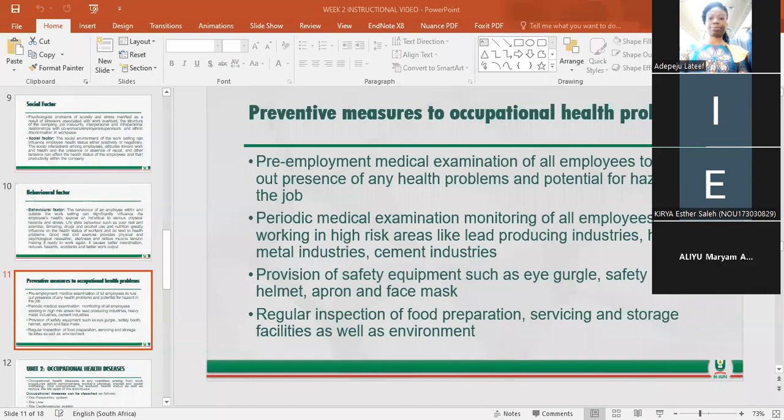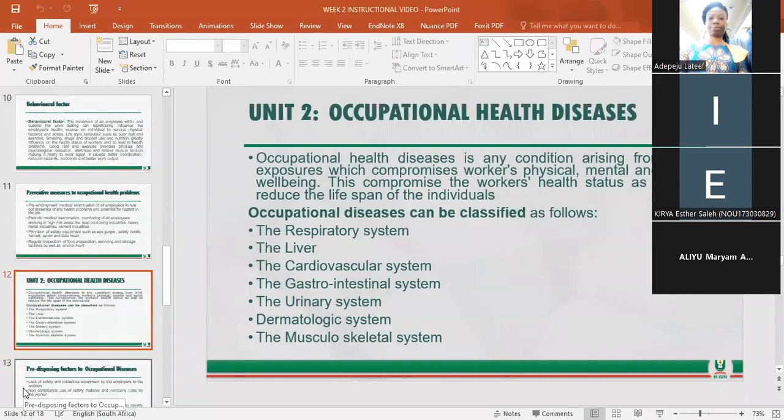Okay. The word occupational health disease is simply a condition that arises from work, or let me say disease or sickness, or health-related issues as a result of exposure to your work.